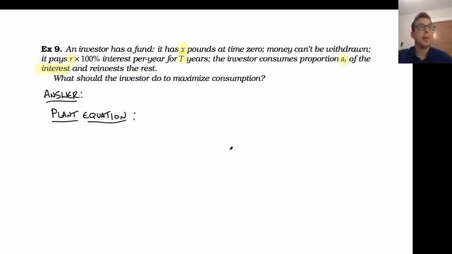So what we want to do is get an idea of how we get from the amount of money that we have at time t in the fund to the amount of money that we have at time t+1 in the fund. Well, we know that this pays an interest of R. So that's the interest that we get.